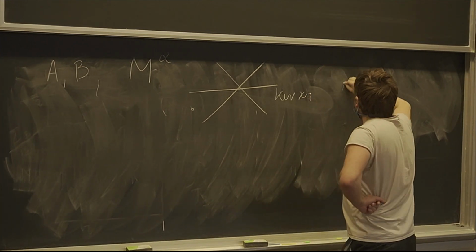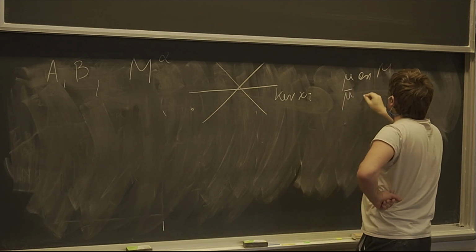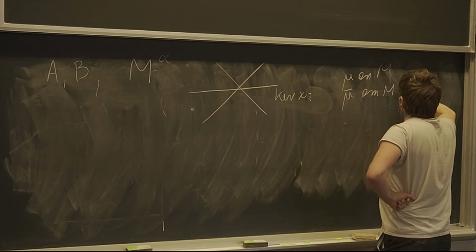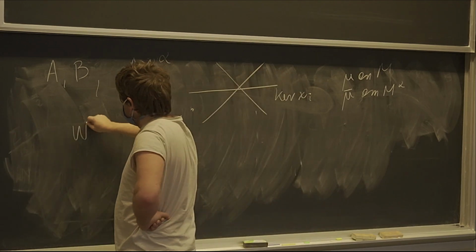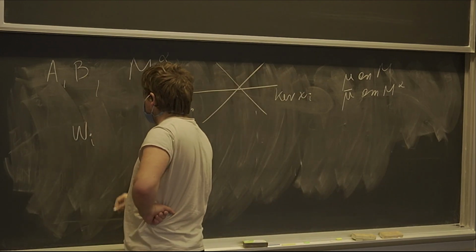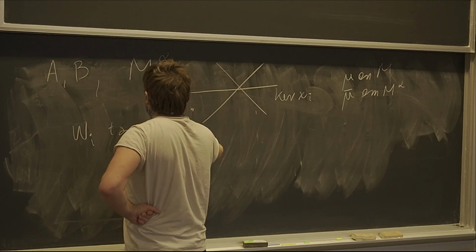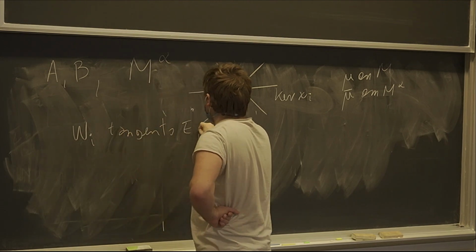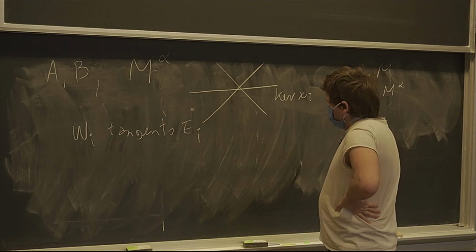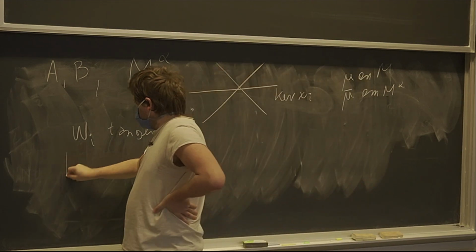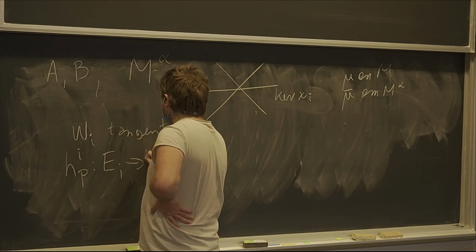We have the measure mu on M, which we lift to the measure mu bar on M alpha. We have our W^i, which are tangent to the E^i, and parametrizations h_i,p from E^i to W^i(p).